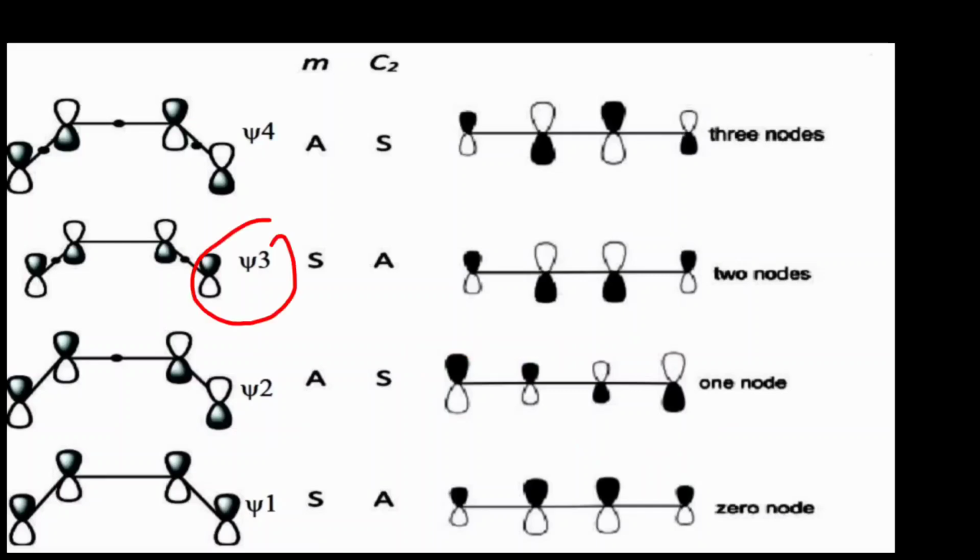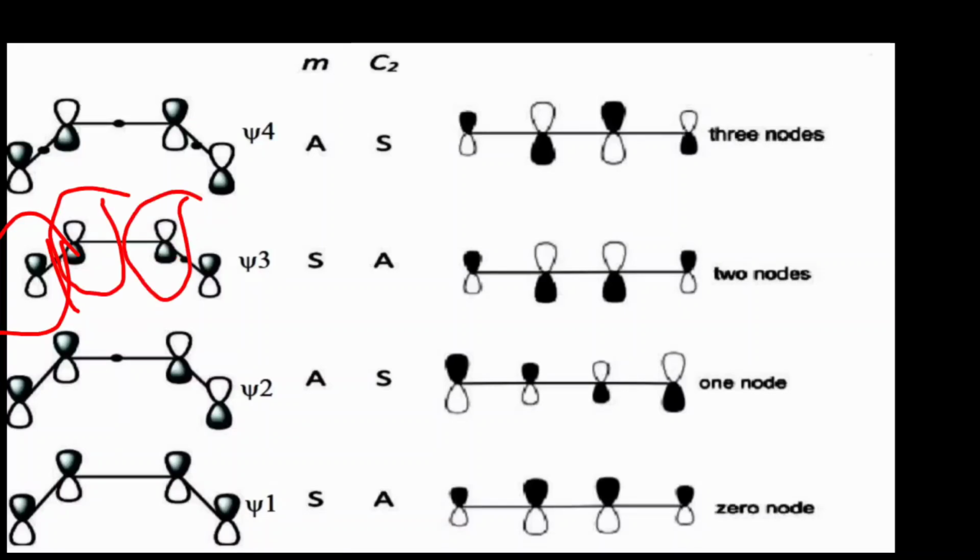Now see Psi3. Here you have to give 2 nodes. So one node is here and another node is here. So here what happened? This is a node, that means positive negative, then node, that means negative positive, no node, so negative positive, then one node, so there is a positive negative.